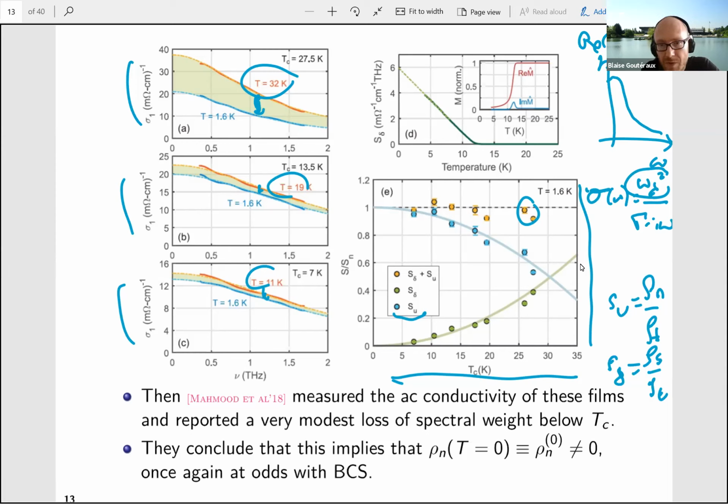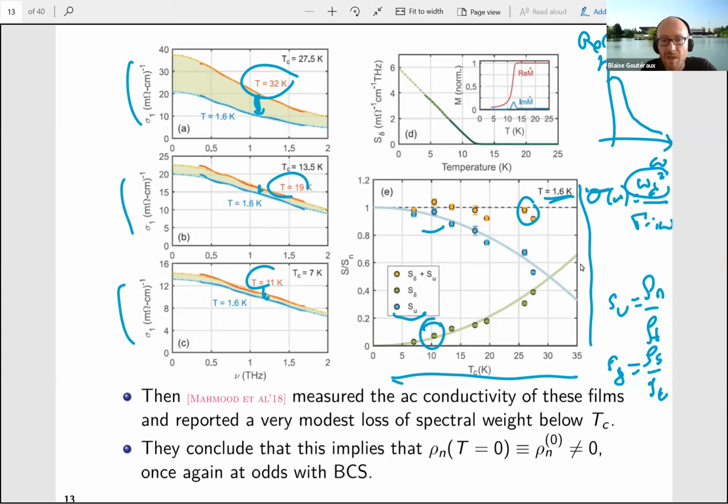But then what they show is that at very low temperatures, so this is T equals 1.6 kelvins, which for all intents and purposes experimentally is almost zero temperature, you see that most of the system is normal, and actually a very small fraction of the system is superfluid.